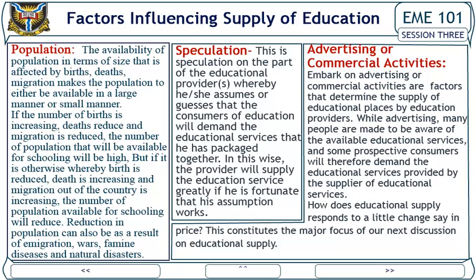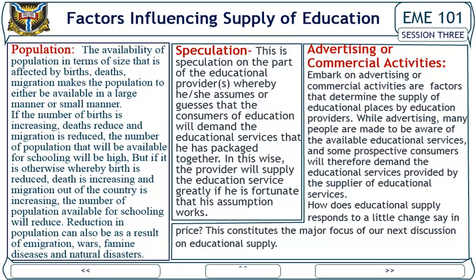Speculation. This is speculation on the part of the educational providers, whereby he or she assumes or guesses that the consumers of education will demand the educational services that he has packaged together. In this wise, the provider will supply the educational service greatly if his assumption works.